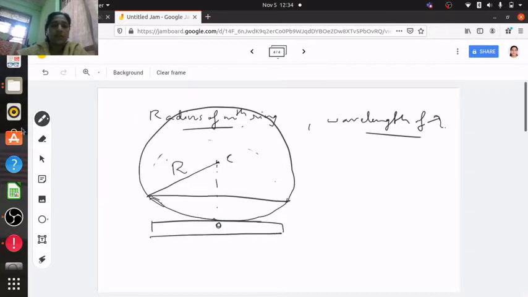So when we are considering a beam of light, a ray is incident and it falls on the point.